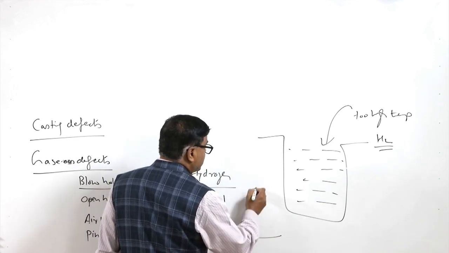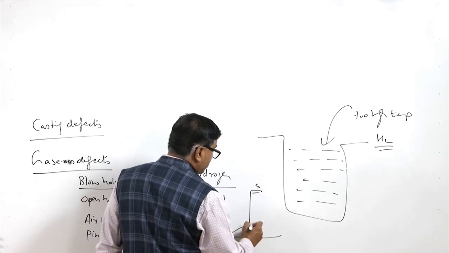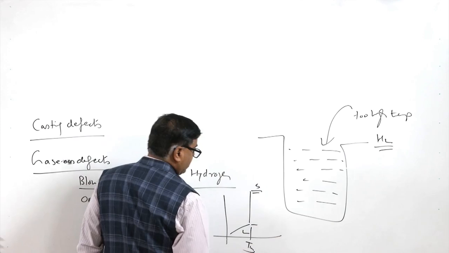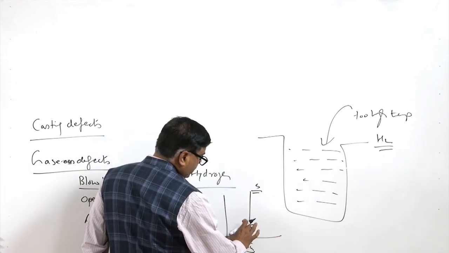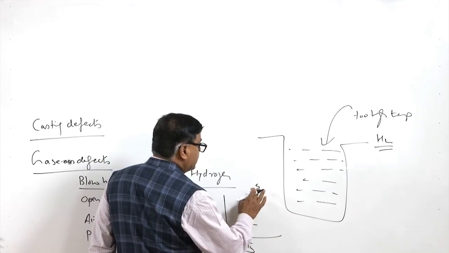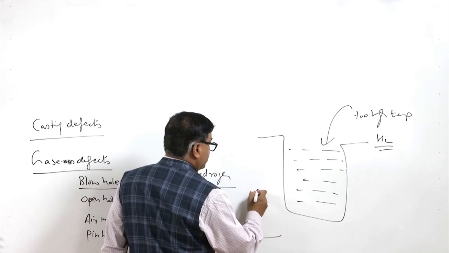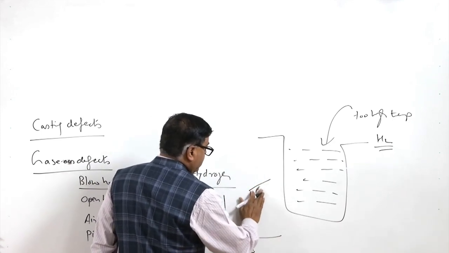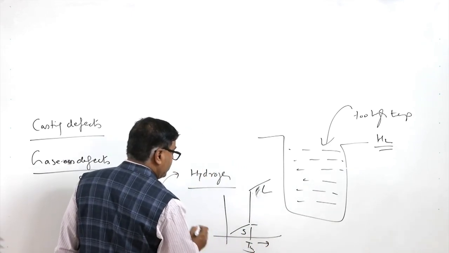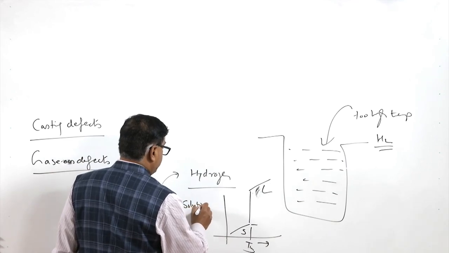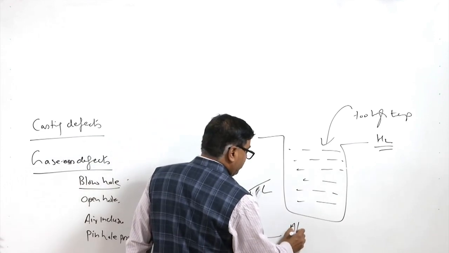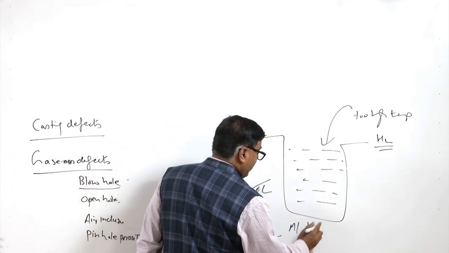Say this is the solid state and this is the liquid state, this is the melting point temperature, and this is the solubility of hydrogen. This kind of trend is shown in both aluminum as well as iron.